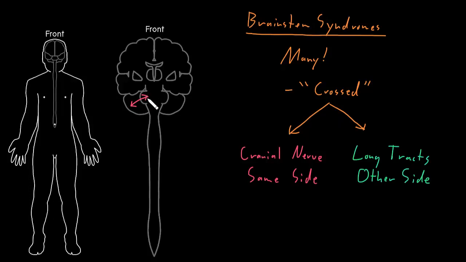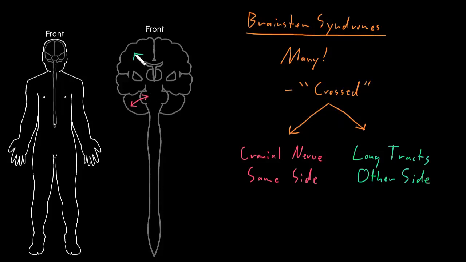But in addition to these cranial nerves coming in and out of the brainstem, we're also going to have the long motor and somatosensory tracts that are passing through the brainstem on their way down to the spinal cord or up from the spinal cord. So let me draw some kind of long tract here, and we won't be specific.